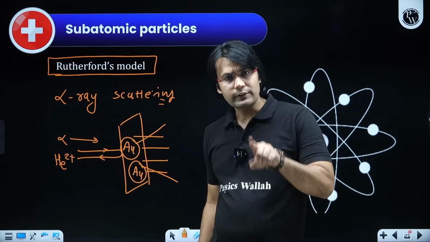We cannot explain them using Maxwell's wave theory. That's why we have Planck's quantum theory, and with the help of it, you can easily explain those effects. One of them is the photoelectric effect.